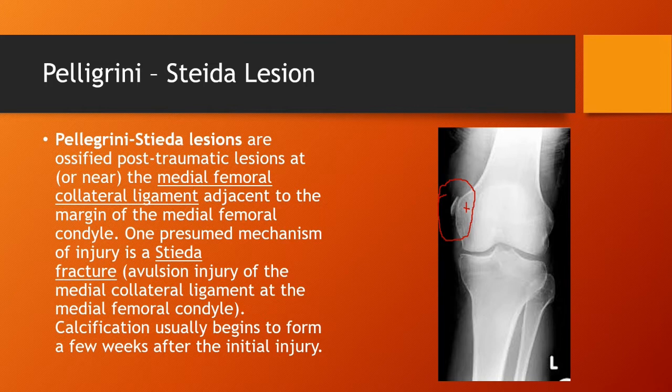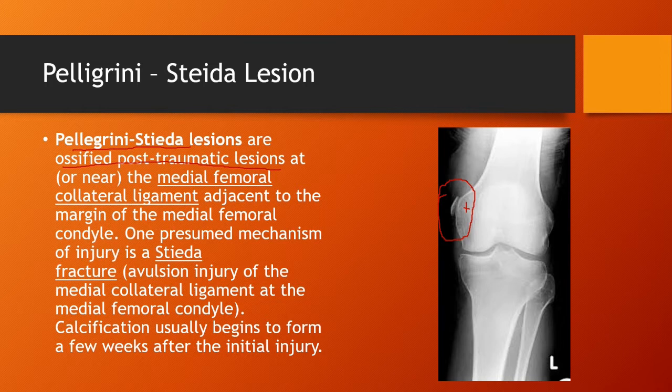So according to the literature, the Pellegrini-Stieda lesion is an ossified post-traumatic lesion at or near the medial collateral ligament, adjacent to the margin of the medial femoral condyle.